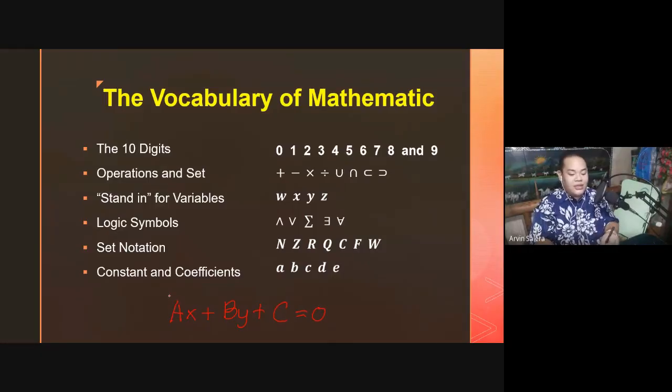Now, A is a coefficient, B is a coefficient, C is a constant. So A, B, C, D, E are usually constants. And the X and the Y here are variables. And this is an example of the equation of a line.